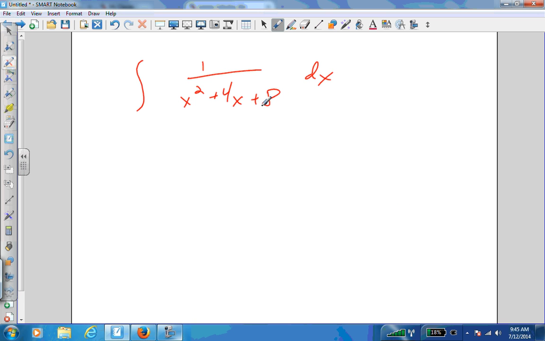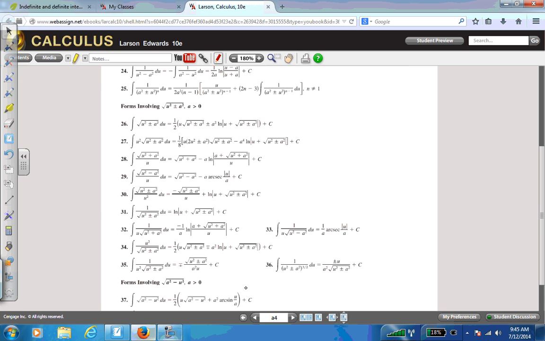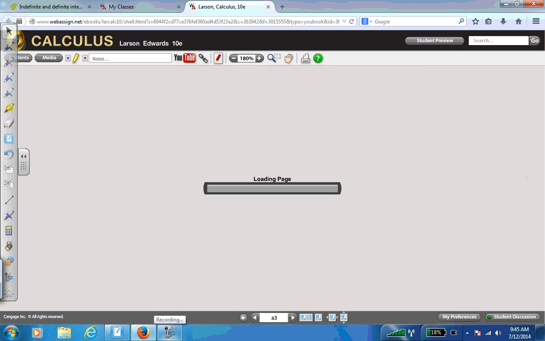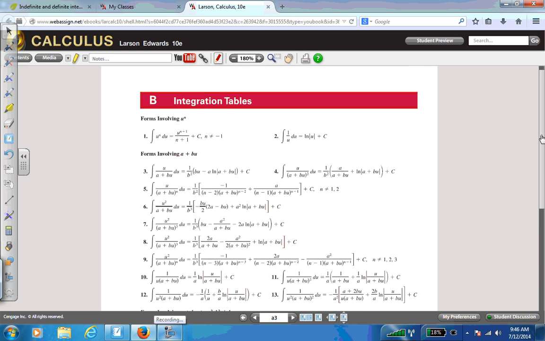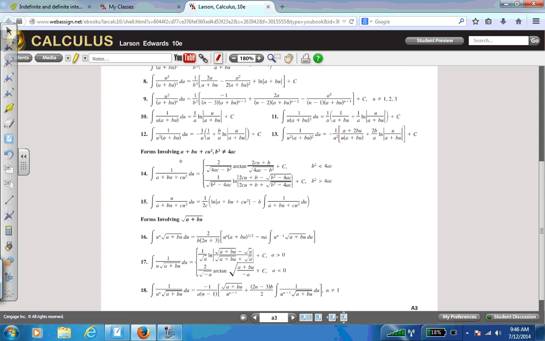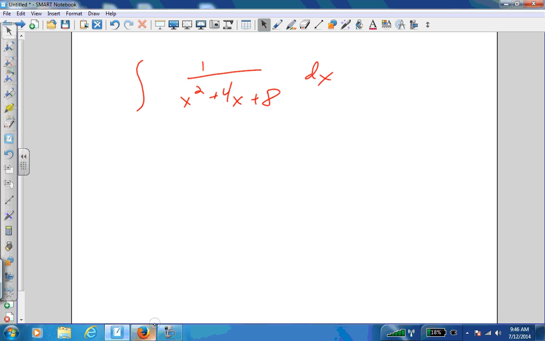Notice we have a quadratic in the denominator. If we go to our integration table and look through, there is a set that has a quadratic in the denominator, and there are two different ones. There's one that has our variable on top and one that has a 1 on top. It looks like ours may have the 1 on top.